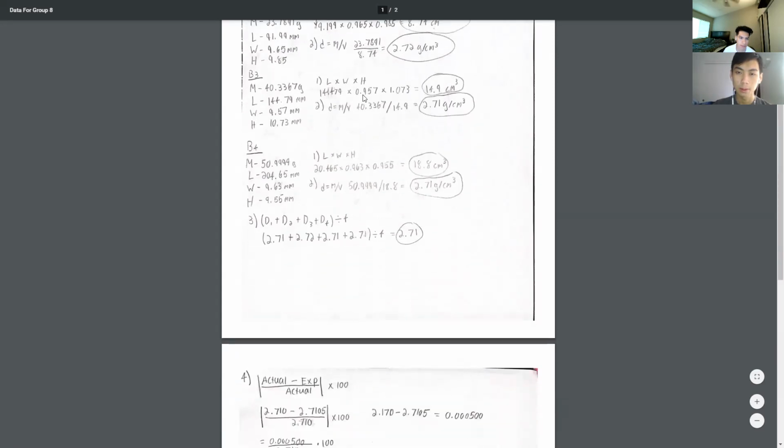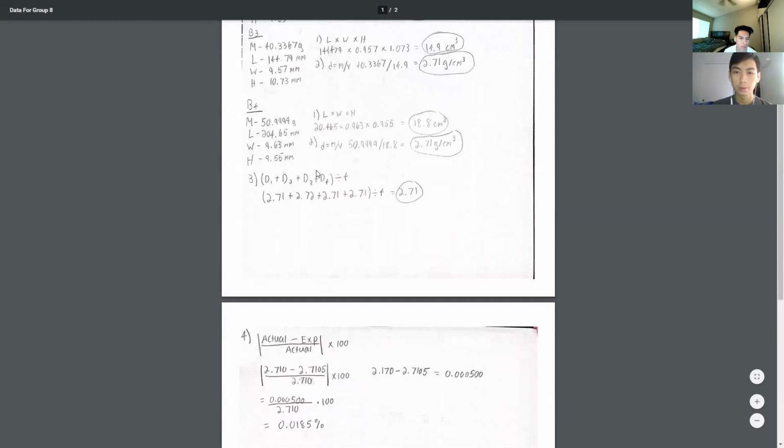Number 3, same thing, decimal place over, multiply, 14.9 centimeters cubed, density, mass divided by our volume, 2.71 grams per centimeter cubed. And then number 4, same thing, we got 8.8 centimeters cubed, and that's 50.999, and you get 2.71 grams per centimeter cubed.